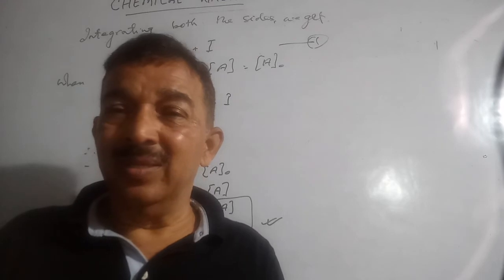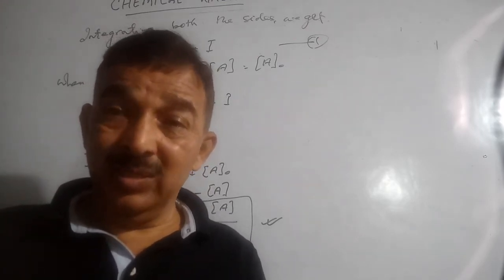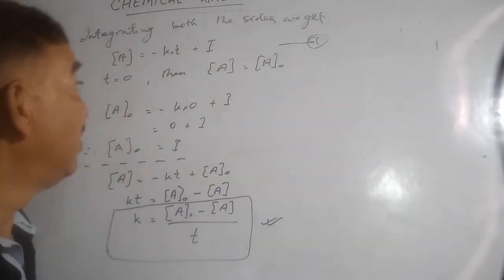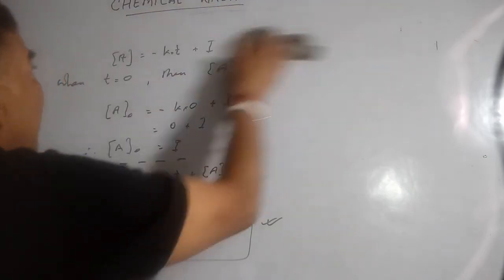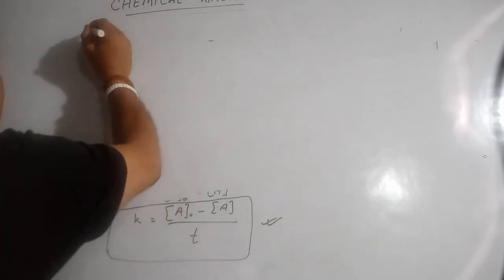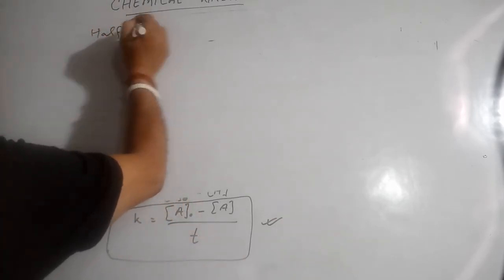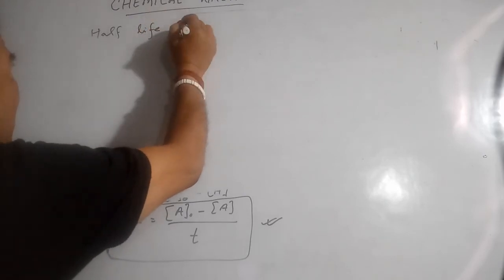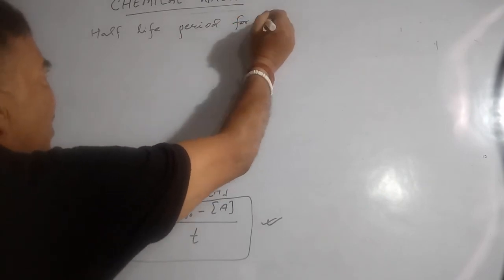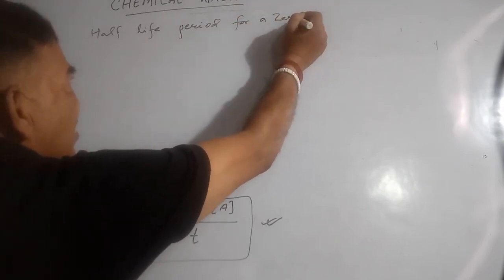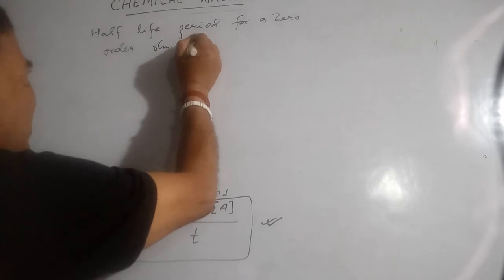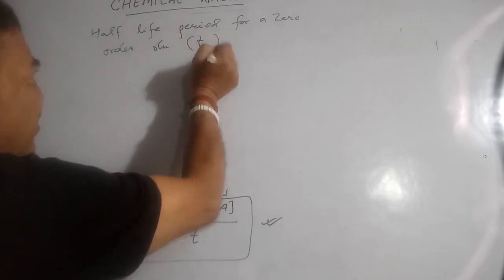So let us consider the half-life period of a zero order reaction. Is the definition of half-life period clear to you? Now, the half-life period for a zero order reaction is denoted by T half.